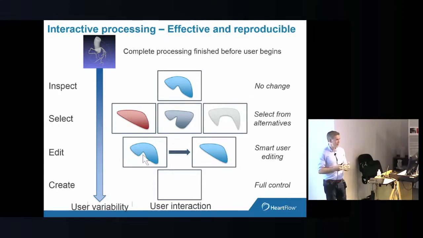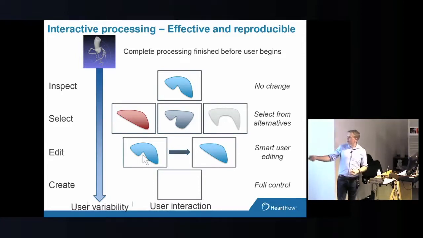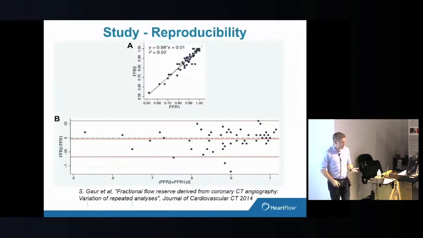And if that still fails, to provide a series of purely manual tools so that the technician can always get the right answer, no matter how complex the situation is. The idea is that the more we can keep everybody up here, the more reproducible it's going to be, the faster it's going to be to go through, but still give them the ability to really get the geometry correct if they need to. This has been really successful.